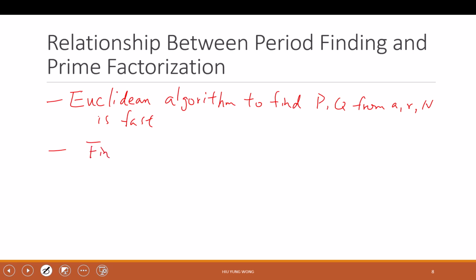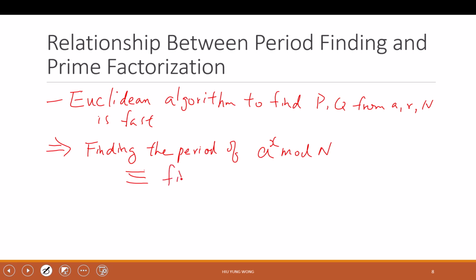But the point is, as a result, finding the period of a to the power x mod n is equivalent to finding N equal to P times Q. If you want to factorize capital N, you just need to find the period of this function.